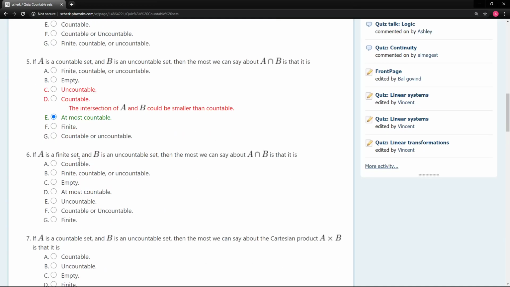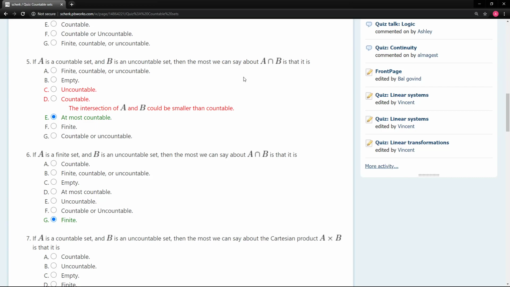Let's move on. If A is finite and B is uncountable, the most we can say about their intersection is... A is finite, B is uncountable. There's no 'at most finite', so I'm going to assume it's going to be exactly finite. The reason before it would have said at most countable is because what if the sets were completely different?